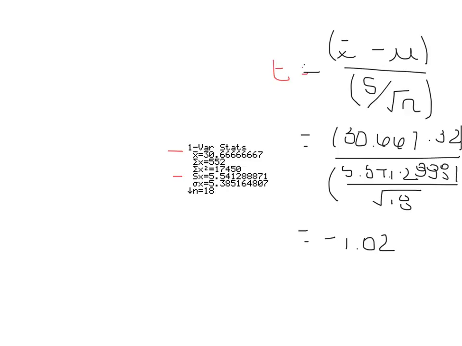Let me show you what that screen is. In List 1, I put all of my values that were given in that data set. I got to this list by hitting Stat, Enter, which is option 1, and I just plugged in those numbers that I have entered here in L1.